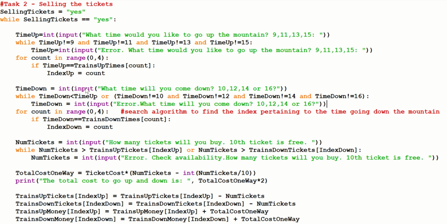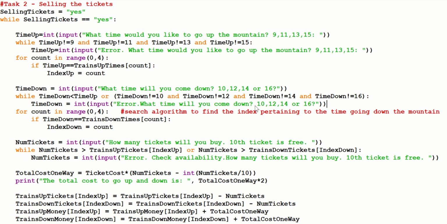So time up is a number from these, but time down has to be a number bigger than time up, or time down not equal to 10 and not equal to 12, 14, 16. If it's applying to this or this, it doesn't mean that it has to apply to both. If it applies to either this or this, then this would produce an error, input again.